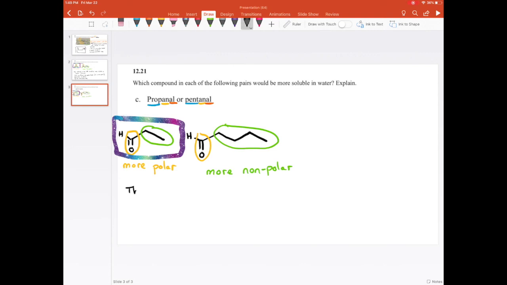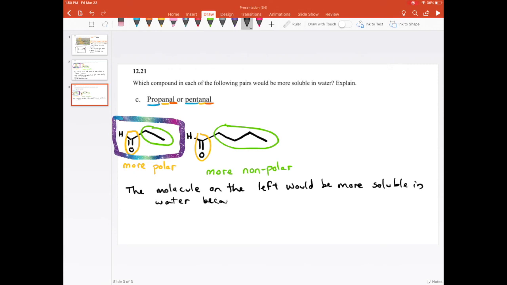So you'd say the molecule on the left would be more soluble in water because, 1, it has fewer nonpolar bonds, so it's more polar.